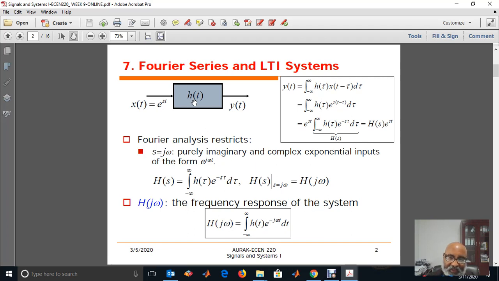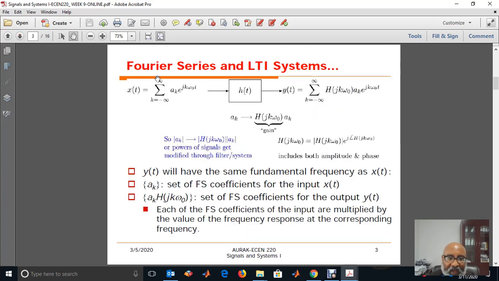We can study a system, which has impulse response h of t, in the time domain, and we can also look at the same system in the frequency domain. The frequency response shows the behavior of the system in the frequency domain, and it is given by the Fourier transform of h of t, the integral from minus infinity to infinity of h of t e raised to minus j omega t dt.